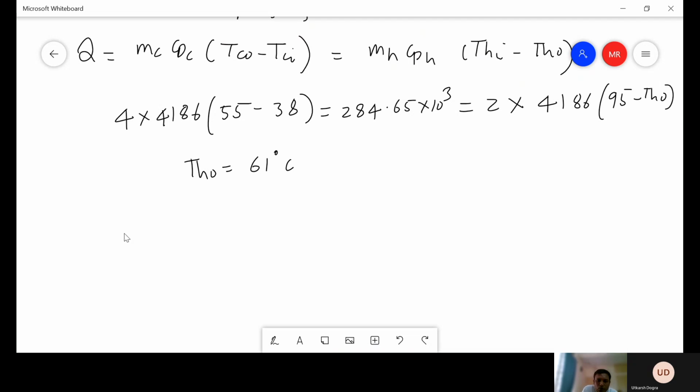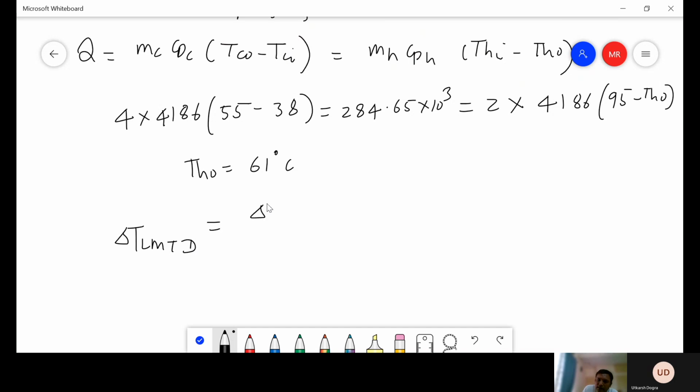From this we can calculate the LMTD. So delta T LMTD will be delta T1 minus delta T2 divided by ln (delta T1 by delta T2), correct? Now what is delta T1?